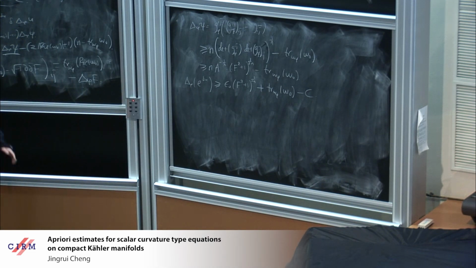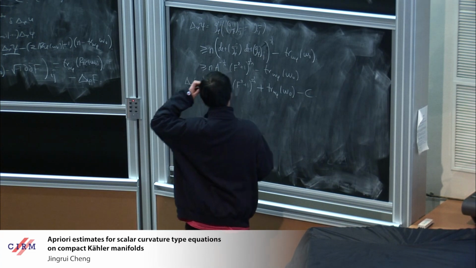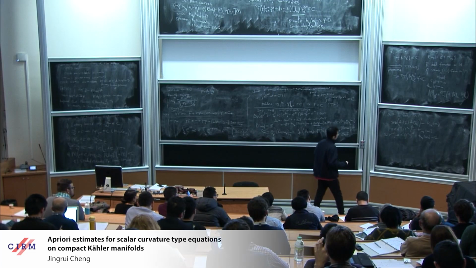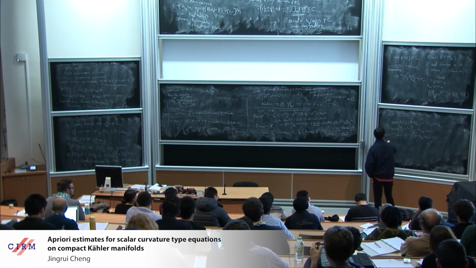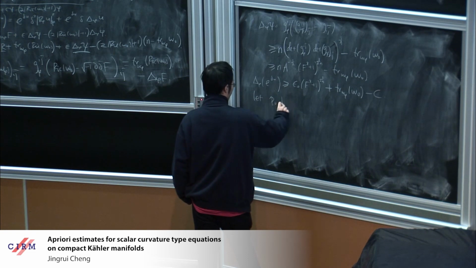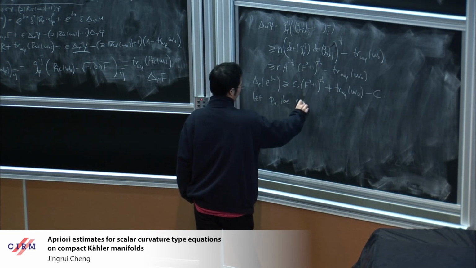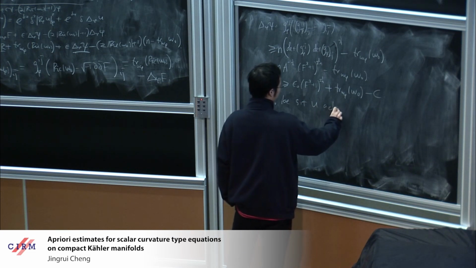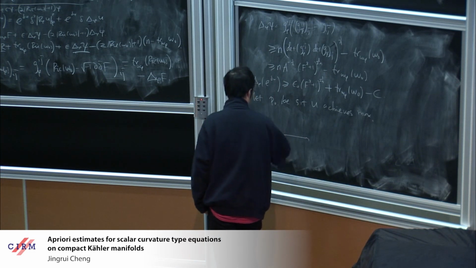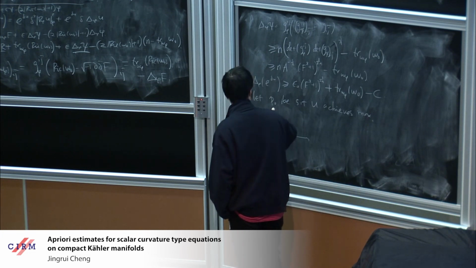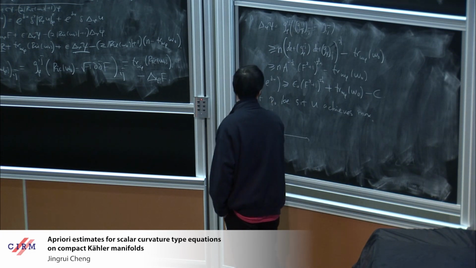Once you get to this, then you do a cutoff argument near the point where this function u achieves max. Let p0 be such that u achieves max. So you let eta be the function so that this is p0. You take a cutoff function which equals 1 at the point, and you take a ball so that it is slightly smaller outside the ball.